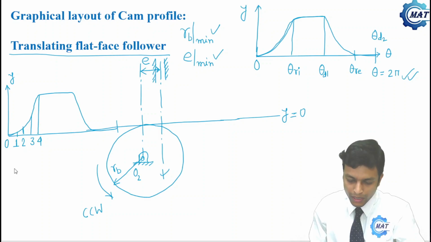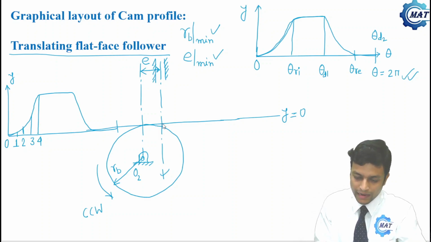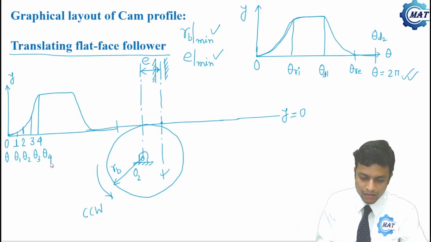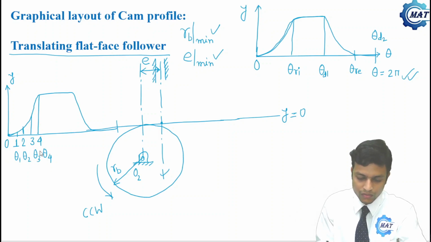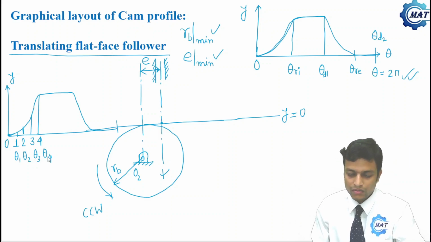And the corresponding y here, this is the position which corresponds to 0. This is for theta equal to 0, then theta 1, then theta 2, then theta 3, then theta 4. So at point 0, theta is 0, at 1 theta equal to theta 1, at 2 theta equal to theta 2, theta equal to theta 3, and theta equal to theta 4.